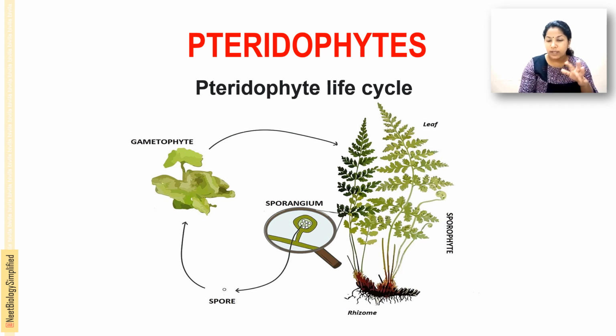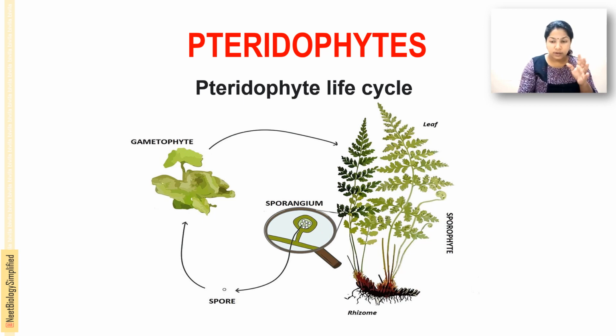Megaspores develop into female, microspores develop into male; the female produces the egg, and the male produces the androzoids, and again it develops into sporophyte. See, this is the life cycle of the pteridophyte.